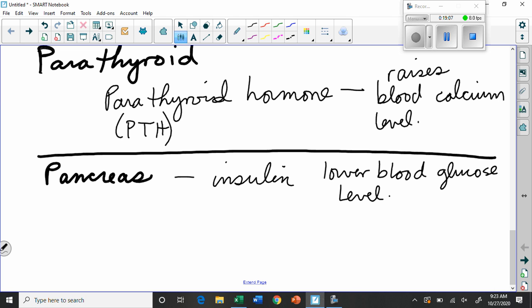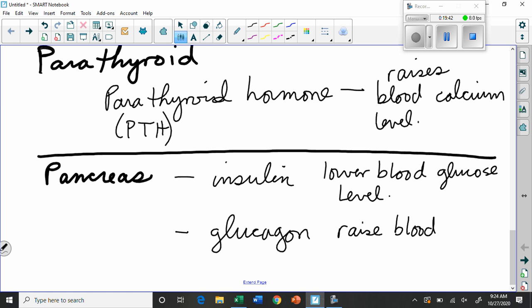There's another hormone that's also secreted by the pancreas. It's called glucagon. And glucagon can raise blood glucose levels. However, it does it in a different way. It doesn't raise the glucose levels by making you eat more. It stimulates the breakdown of stored starches or fats in the body, glycogen and fat molecules.